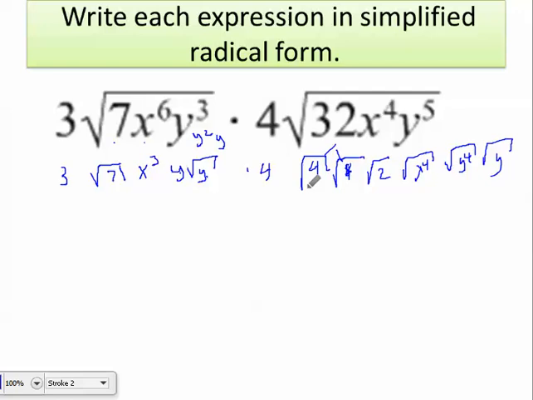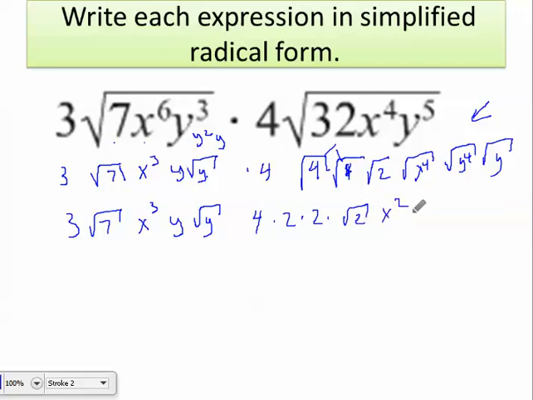Do you see how on this side over here on the right, I just kind of broke it down into all of its different parts. So what am I going to have? 3 square root of 7, x cubed, y, square root of y, 4, 2, 2, square root of 2, x squared, y squared, square root of y.